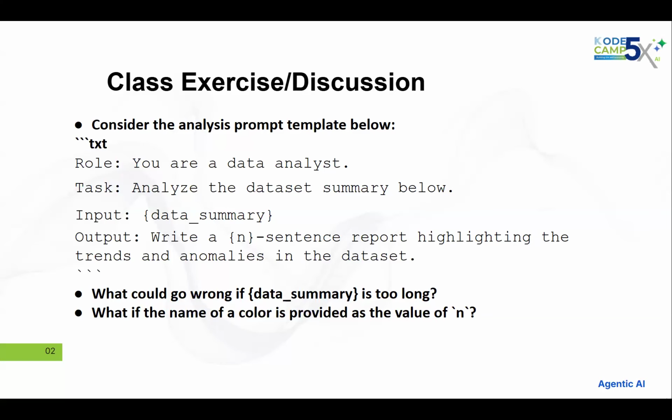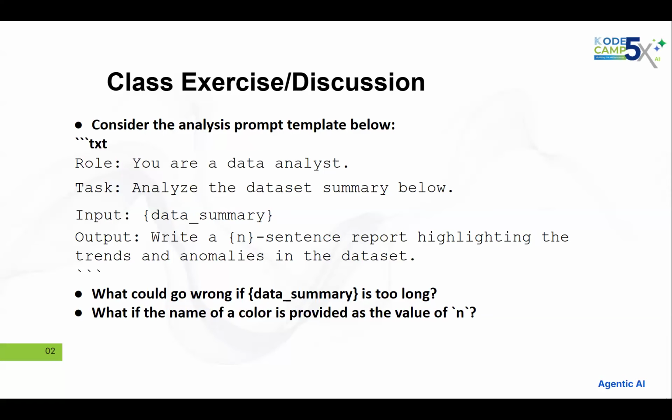Now, the role and the task are the same for that particular use case. It's the same role, it's the same task. But let's say you're building a data analyst agent that will be analyzing data set summaries and giving you some result based on its analysis.